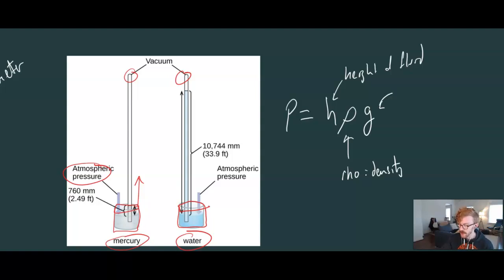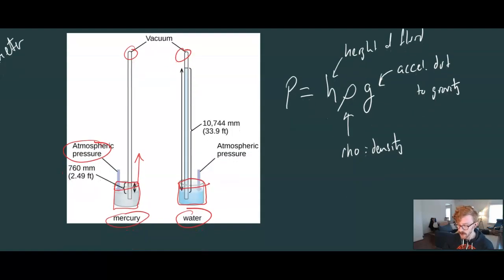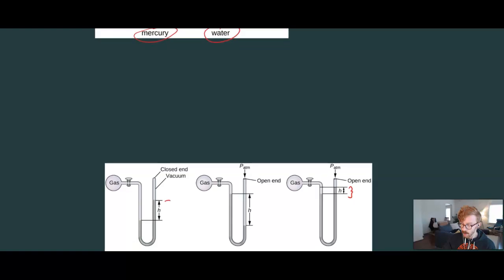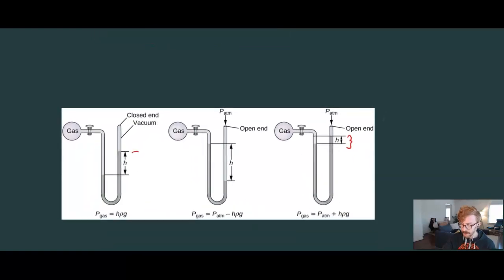And g here is the acceleration due to gravity. If we use a single liquid, then the density is a constant, and the acceleration due to gravity is a constant. So really the pressure is directly proportional to the height of the liquid that we can measure in a barometer. But a barometer is useful for atmospheric pressure.